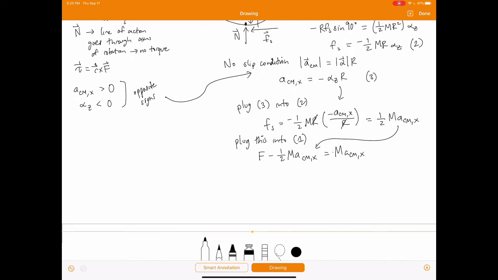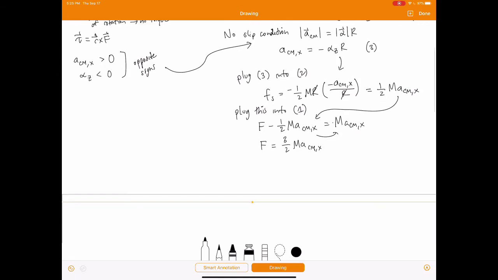We're almost done. The force that you're pulling with is equal to 3/2 times m times ACM x, just by adding this to the other side. And therefore, ACM, the acceleration of the center of mass of this disk, is going to be 2 times F divided by 3 times m. And that would be the answer symbolically.